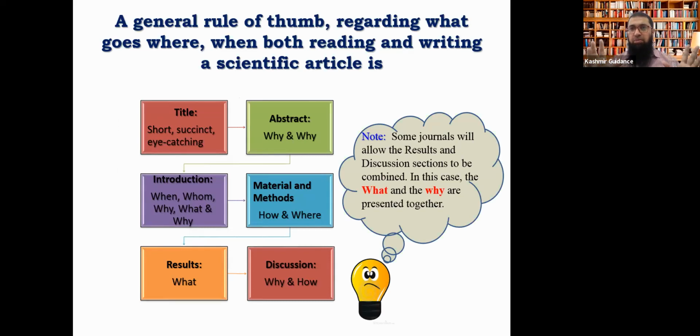Each point in the research paper has a rule of thumb. We have almost six parts in the research paper, and each part gives us something. For example, the title.